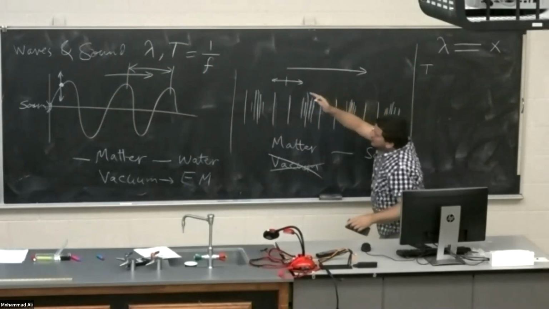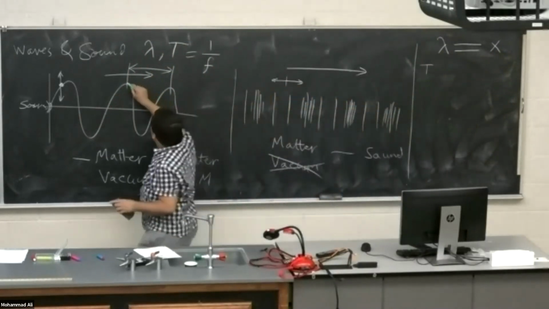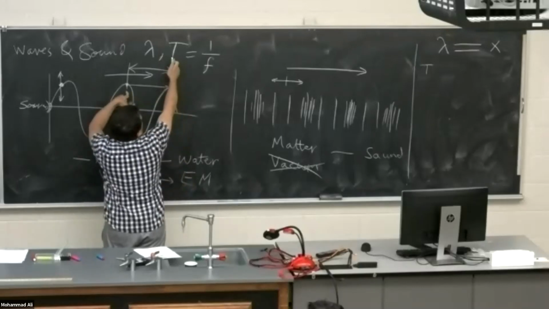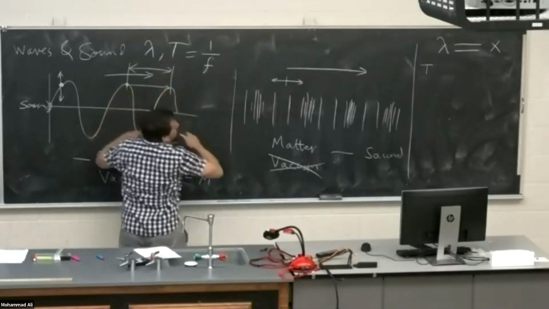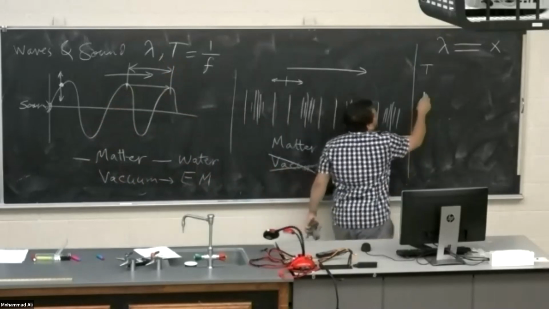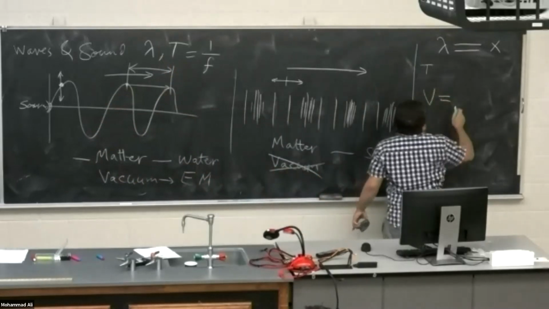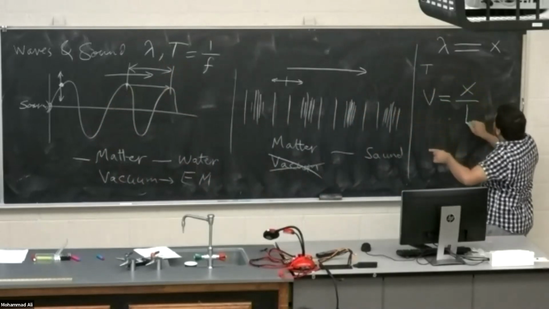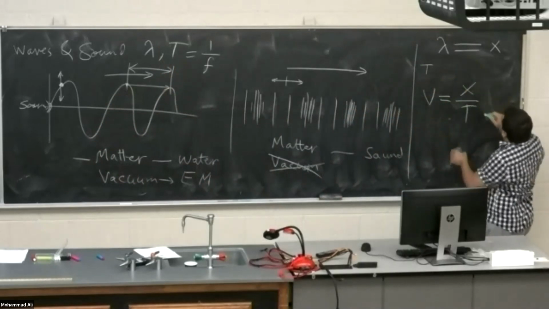If we are here in this wave and this wave moves to here, it needs a time, capital T. What's its velocity? The velocity is the displacement, which is x, over the time. But x is lambda.